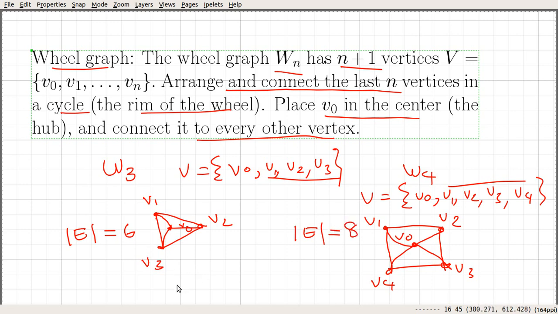Okay, so in general you can see that if you consider an arbitrary graph with n vertices, the number of edges will be equal to n plus n, which is 2n, and here this first n comes from this cycle, and the second n comes from all these inner vertices. Okay.